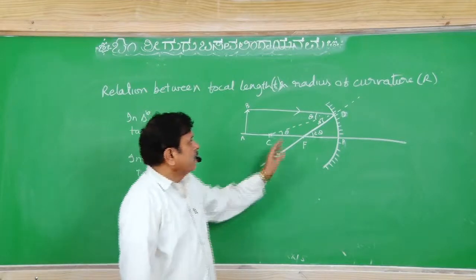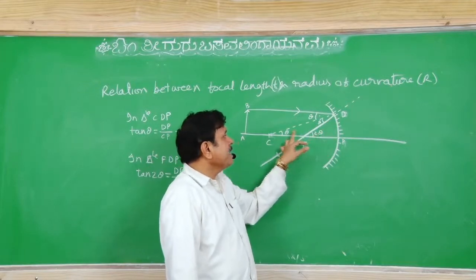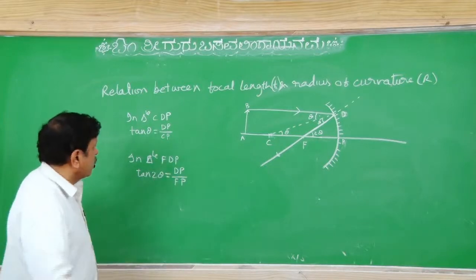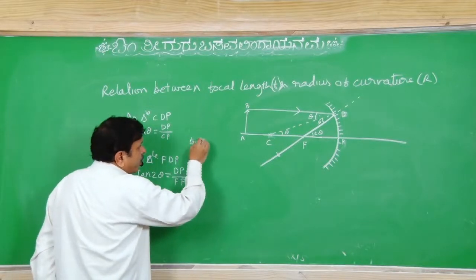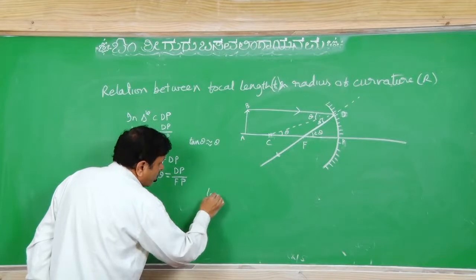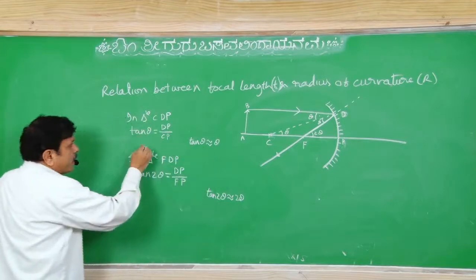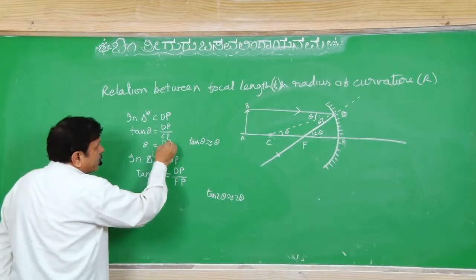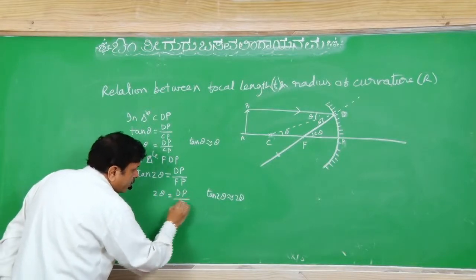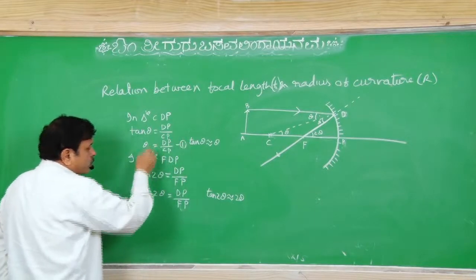Now since this distance will be small in this case, the angles subtended, theta and 2 theta, will be small. When the angle is small, we have the relation that tan theta equals theta, and here also, when the angle is small, we can write tan of 2 theta equal to 2 theta. So this can be written as theta equal to DP divided by CP, and 2 theta equal to DP divided by FP. Now put the value of theta from equation 1.